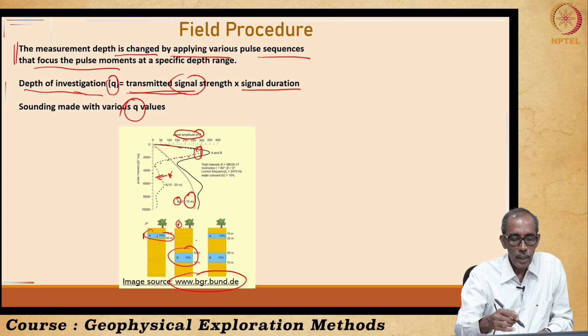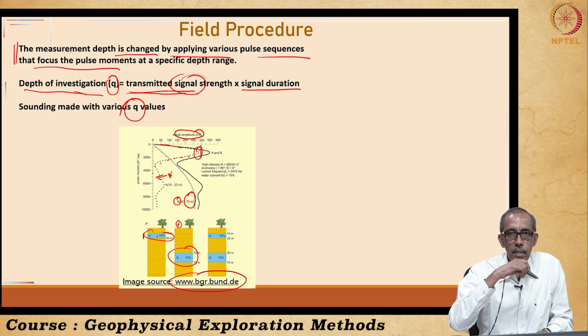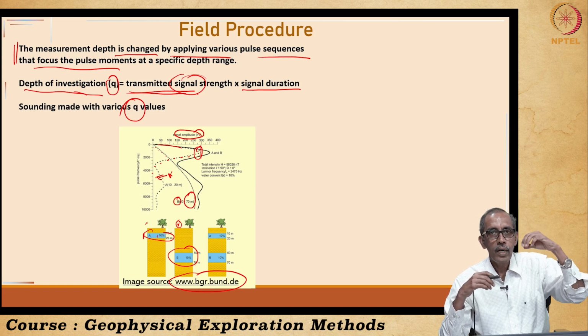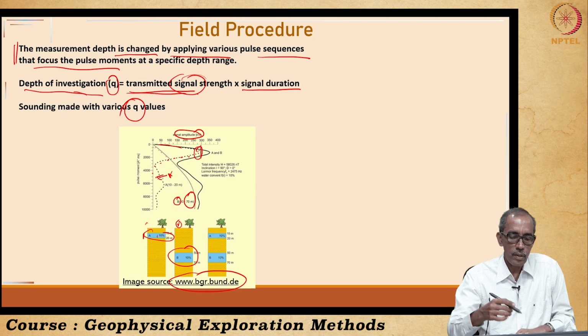So, that means at some depth you have a permeable formation. This is how by varying the signal strength of transmission as well as duration, we are able to focus and understand different depths below the surface of the earth.